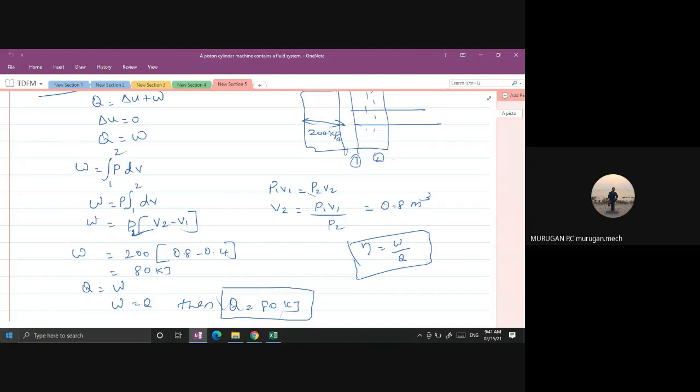Whether you are finding it very easy in thermodynamics? Thermodynamics problem எப்படி இருக்கு? Whether it is easy or difficult? Tell me, pa.